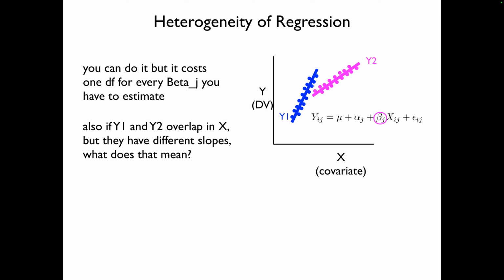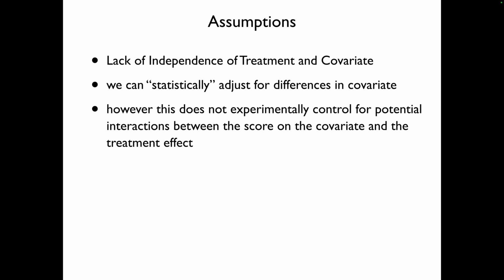So in that overlapping region of X, participants have the same score on the covariate, but there's a very different relationship between the covariate and the dependent variable. That would raise questions in my mind, right? That would raise the possibility that something about group membership, or the experimental treatment, alters the relationship between the covariate and the dependent measure, which might point to a lack of independence of the treatment and the covariate.